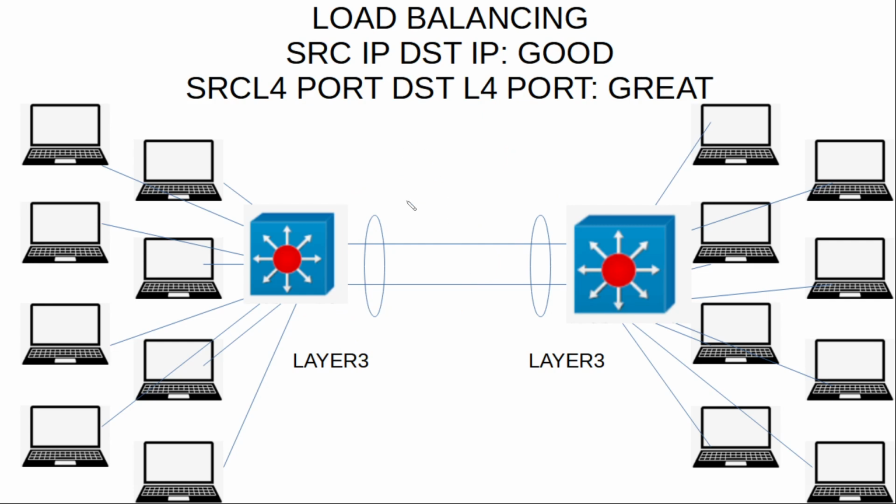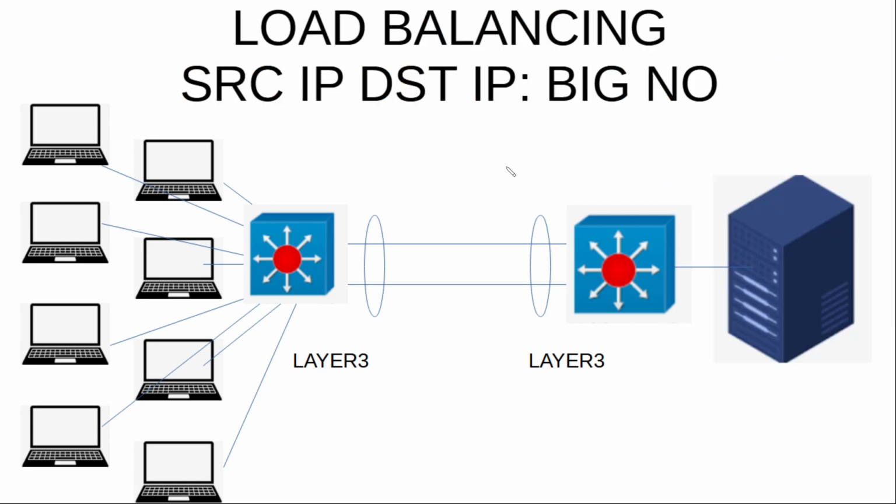So a better solution in this case will be load balancing by IP or by layer 4 ports, which is great. The downside of this algorithm is that not all switches support layer 4 load balancing. The same happens in this case if we only have one IP on one side and many IPs on the other side.